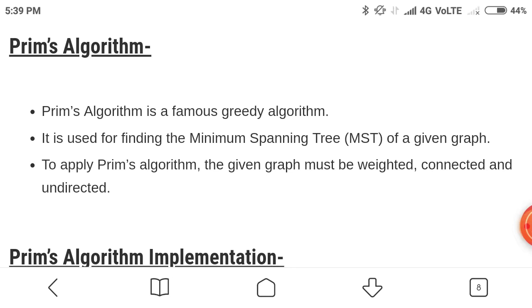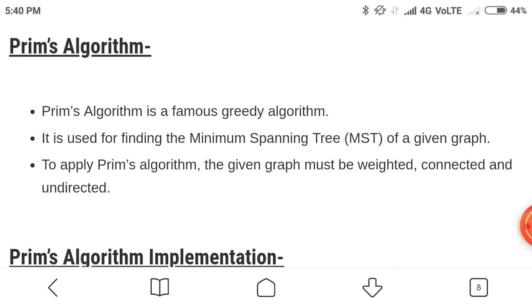Now what is a spanning tree and what is a minimum spanning tree? For that there is a separate video that I discussed previously, so you have to watch that before this. Prim's algorithm is a greedy algorithm.